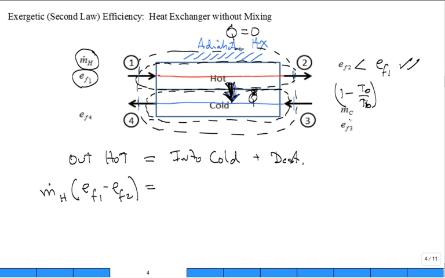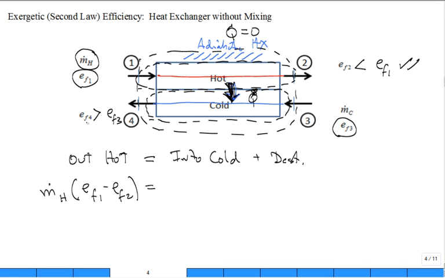Let's do the discussion of the flow exergy for the cold fluids now. The cold fluid outlet flow exergy is EF4. Is that greater than, equal to, or less than EF3? It's greater. Same type of logic. The energy of the cold fluid stream is increasing, and exergy is increasing.